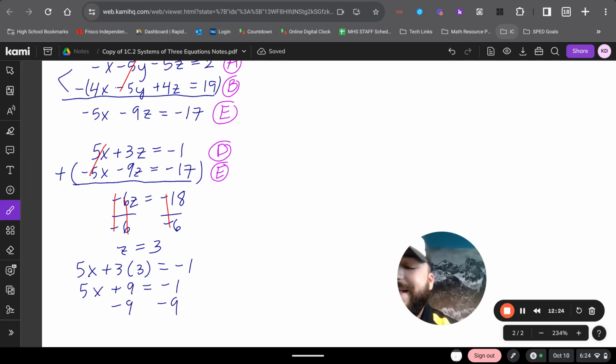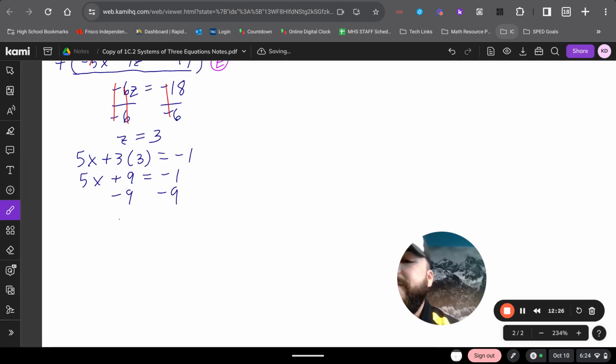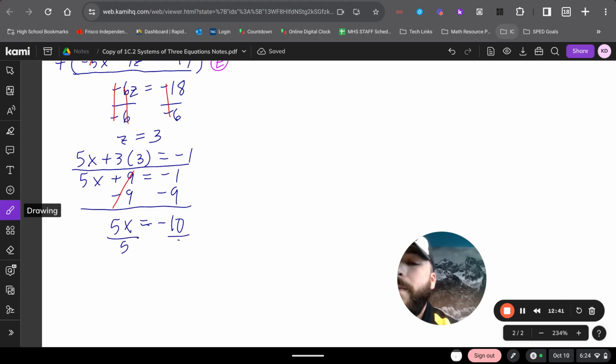Minusing 9 and minusing 9, we get that 5x is equal to negative 10. Because, of course, our 9s are going to cancel out. And then dividing both sides by 5, we get that x is equal to negative 2.